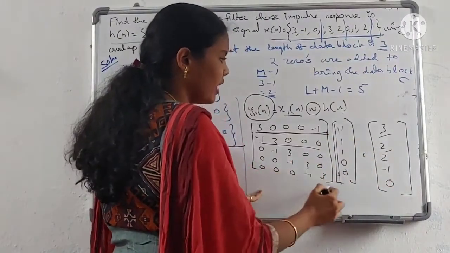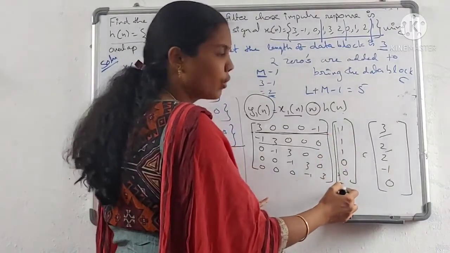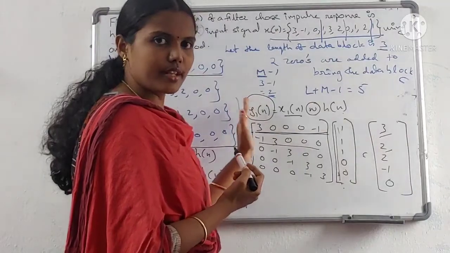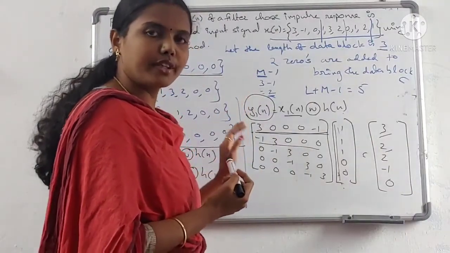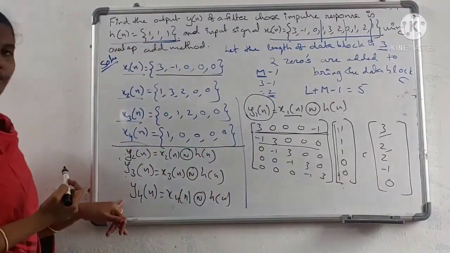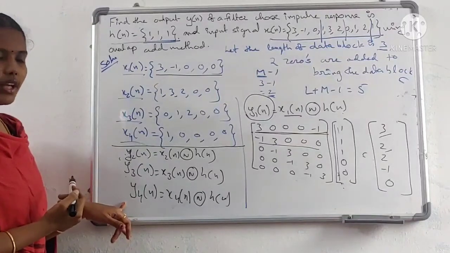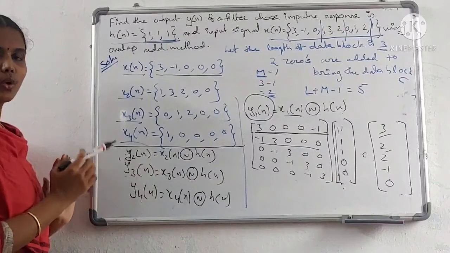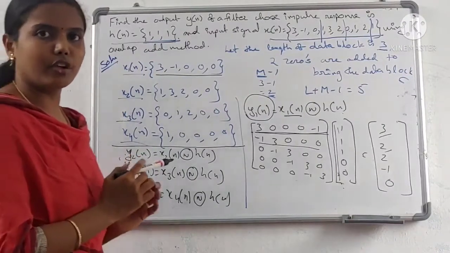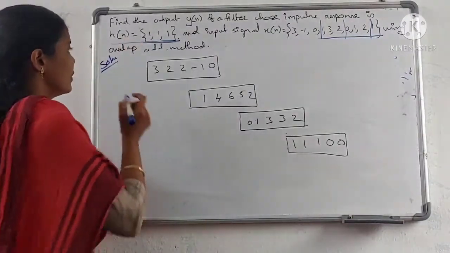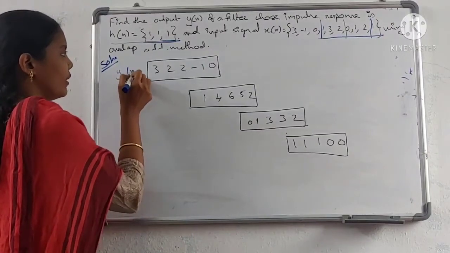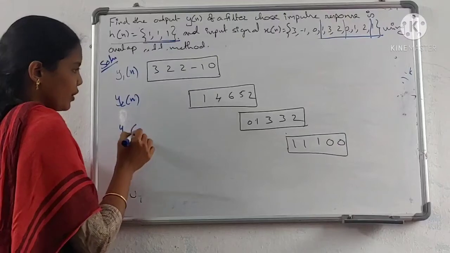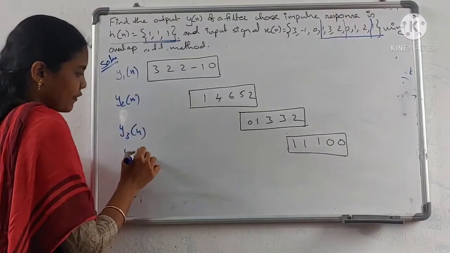In the same way, the last row with the column gives 0. So this is y1 of n. In the same way, you have to find y2 of n, y3 of n and y4 of n. After finding all these values, you have to calculate the total output. This is the y1 of n value, this is y2 of n, this is y3 of n, and this is y4 of n.